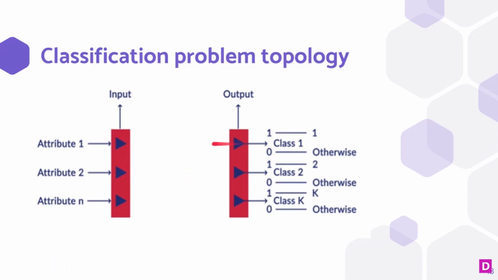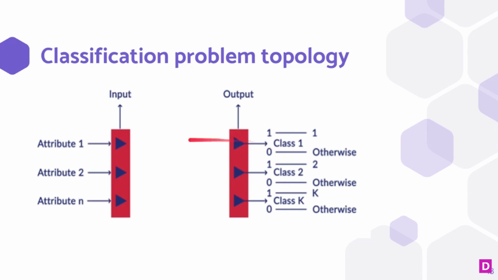So the input perceptron will receive the input signals, process the data and segregate it to the particular output signal. Suppose I have given an attribute 1, it has been received by the input perceptron, it has processed and given the result to the output perceptron.